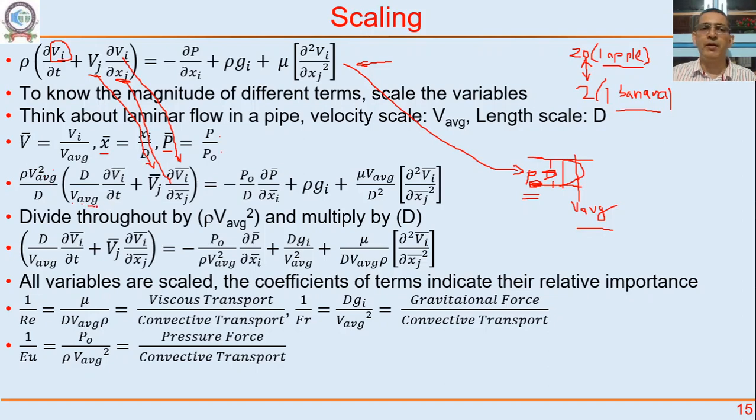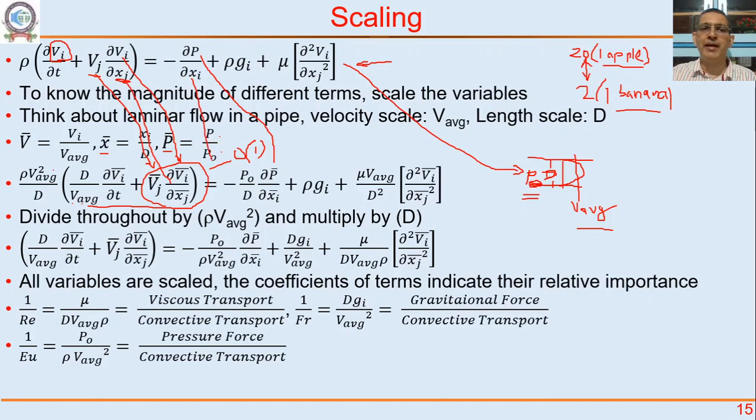These variables now are made dimensionless, which means they are going to vary from 0 to 1, or at least they are of the order 1. Of the order 1 means they are around 1. Similarly, pressure we make dimensionless: P bar multiplied by P naught.